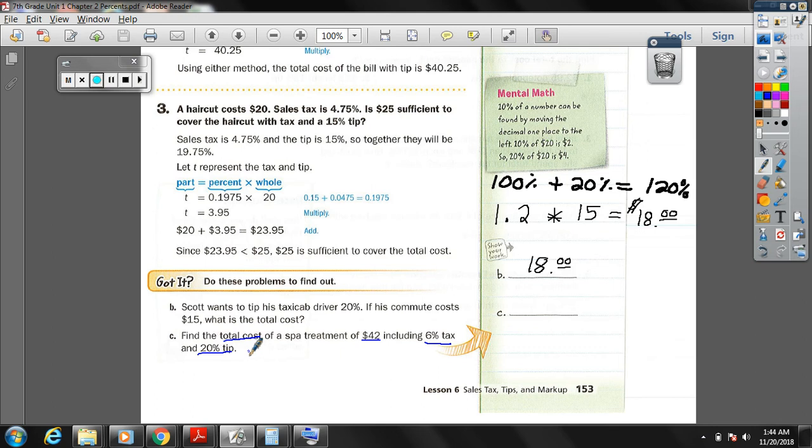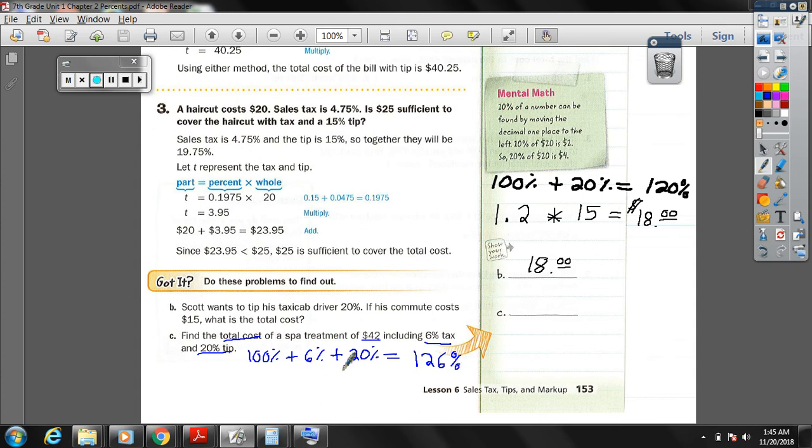So we're going to take 100%, we're going to add 6%, and we're going to add 20%. If we add these together, we're going to get a grand total of 126%.